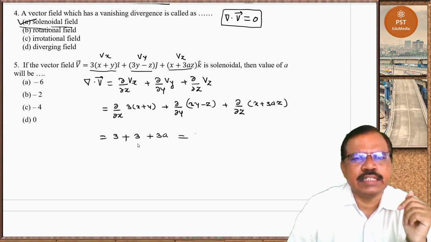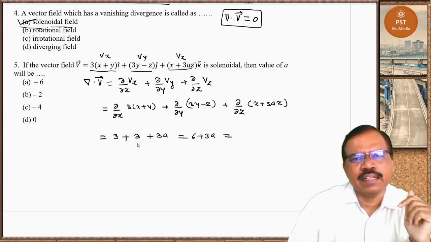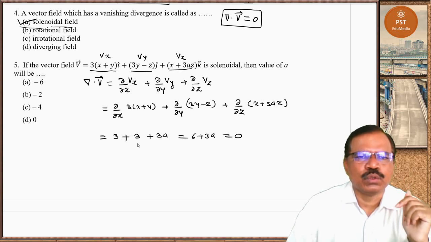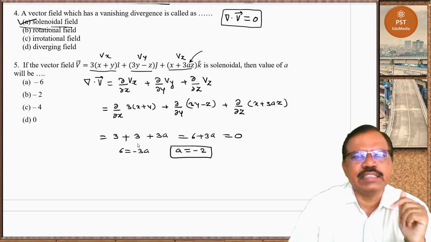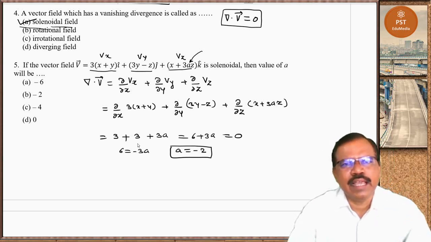So this is 6 plus 3a. But since the field is solenoidal, this must be 0. So 6 is equal to minus 3a. So a is equal to how much? Minus 2. So the field will become solenoidal. Then a is minus 2.